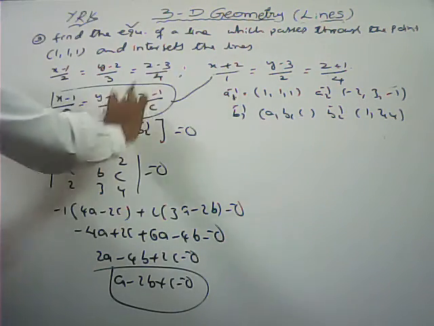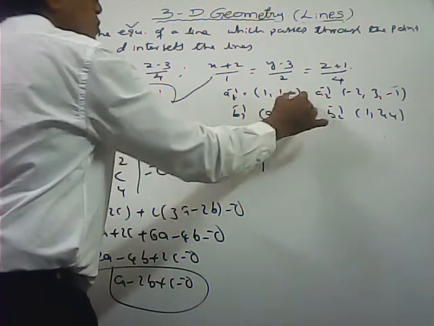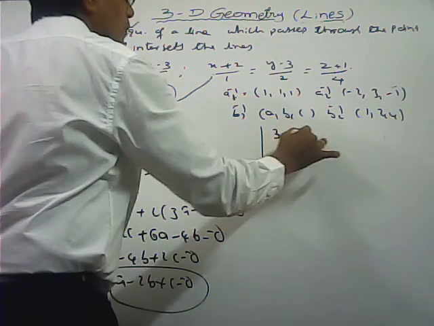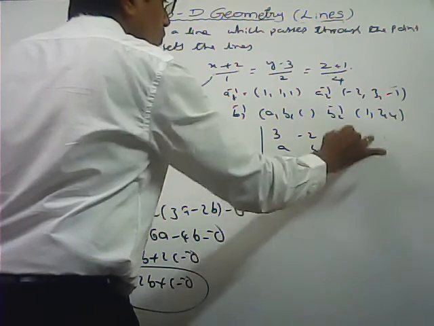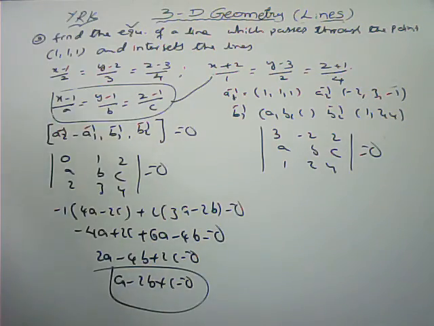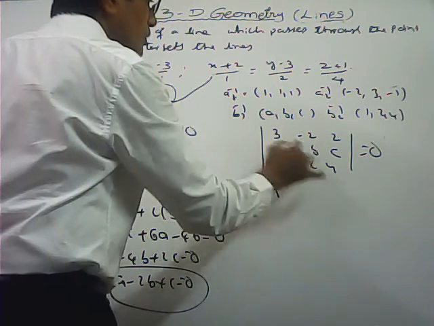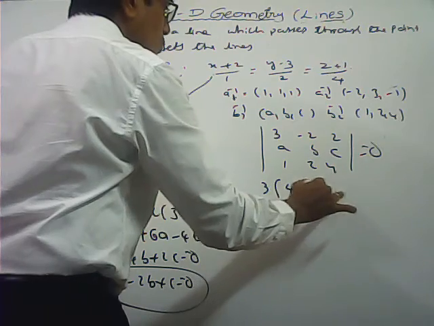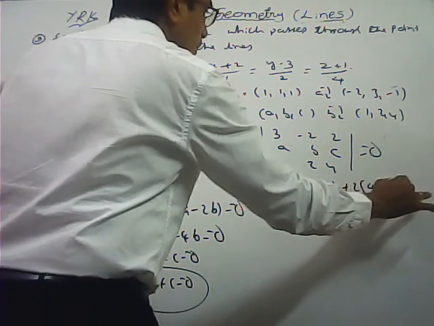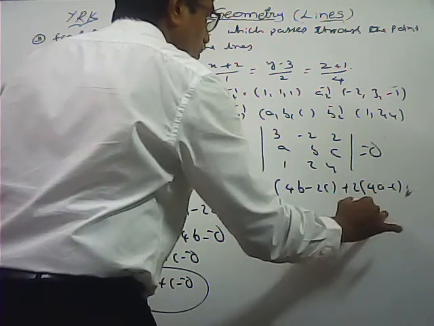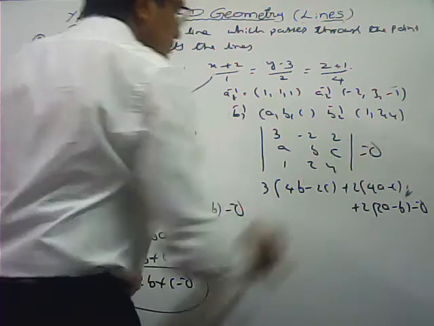These 2 are also intersecting. So here also the 3 vectors are, what are the 3 vectors here? a2 bar minus a1 bar 3 minus 2 2, a b c, 1 2 4, that is equal to 0. If they are coplanar, its box is equal to 0. 3 into 4b minus 2c plus 2 into 4a minus c plus 2 into 2a minus b, that is equal to 0.